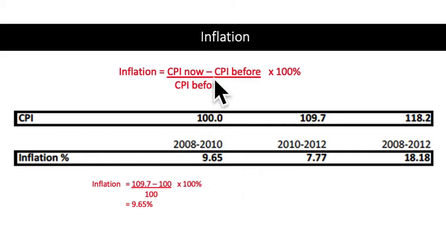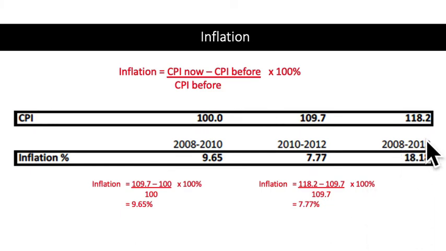We use our inflation formula: CPI now, 2010, minus CPI before, 2008, divided by CPI before, times 100%, gives us 9.65%. By the same token, if I want to look at 2012 to 2010, we look at our CPI now, 118.2, 2012, minus CPI before, 2010, 109.7, divided by CPI before, 109.7, times 100% gives us the 7.77%.